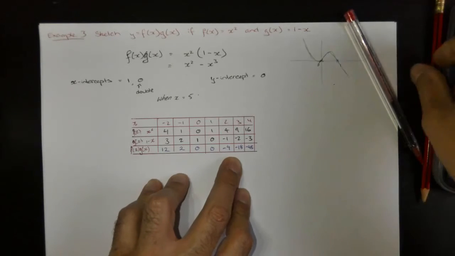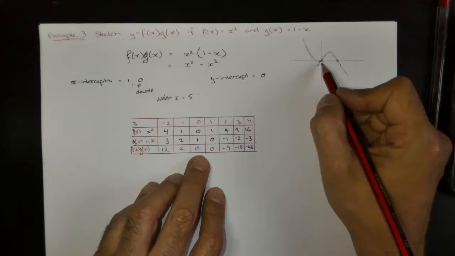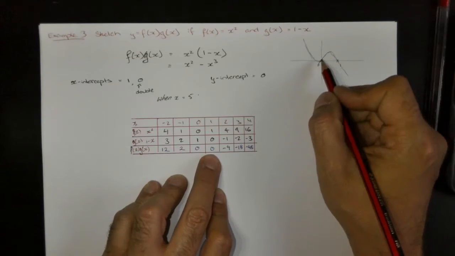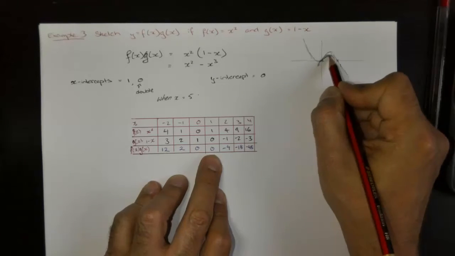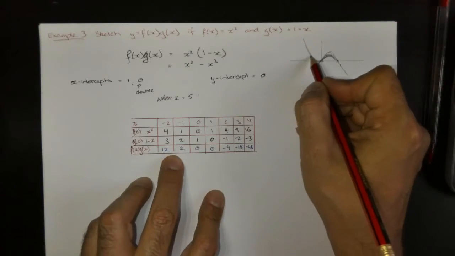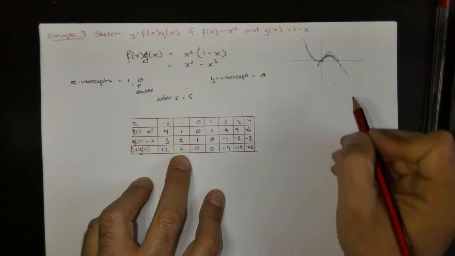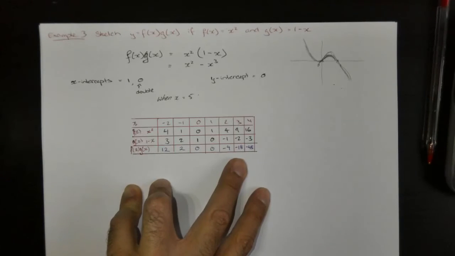And as you can see, at 0 we have 0, at 1 we have 0, at half we would have some value up here. This side we have all positives, so that will increase, and then this side we have all negatives.